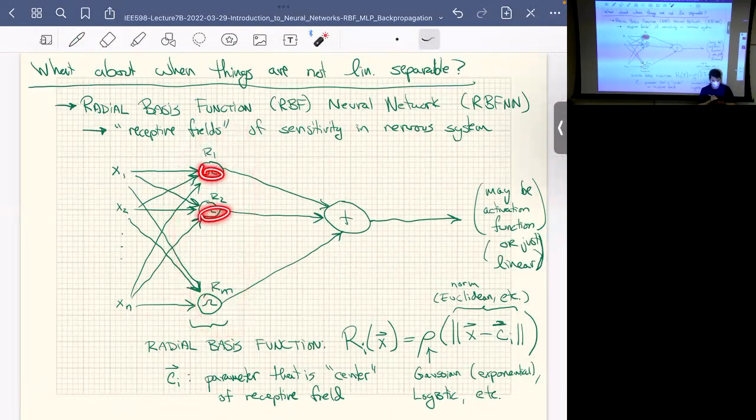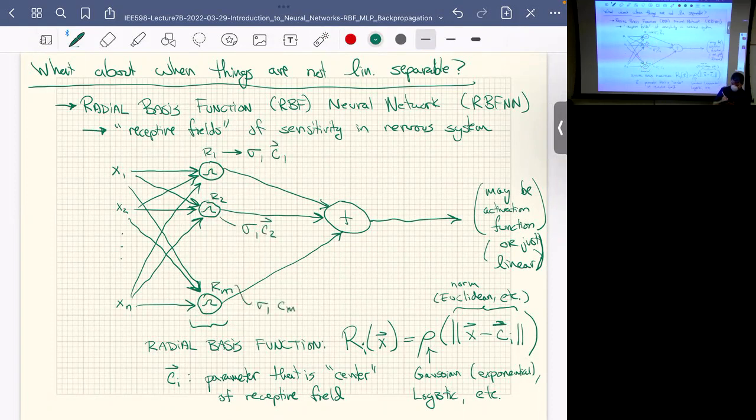like a normal distribution, logistic or whatever, and each one of them has a center. So each one of these has a function associated with it and a center. A function and a center, a function and a center. And then all those things get added together, and they can get weighted.